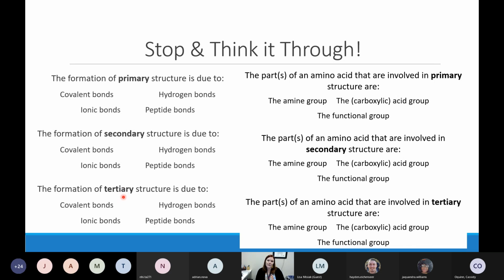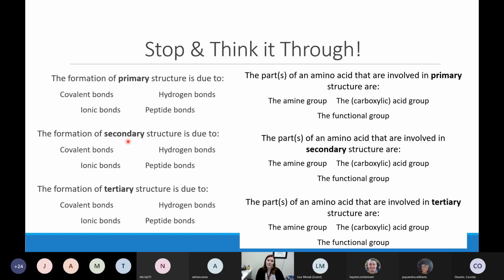When we talk about those different levels of structure, we've now talked about various kinds of bonds that we use to build each of those levels. Some of my levels of structure are built using ionic bonds. Some of them are built using peptide bonds or hydrogen bonds. Please go back in your notes and see what was the specific name of the bonds in primary structure or the specific name for secondary structure.